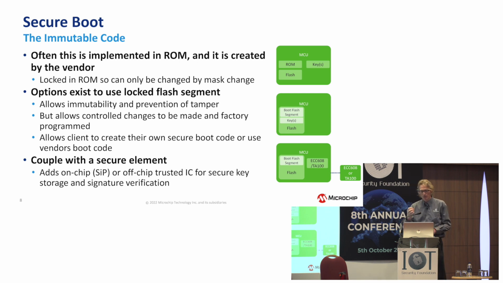Most of those bootloaders will require some level of integrity check, and they're going to go against some level of key, some level of value that says, yes, I can do an integrity check against this with some cryptographic assessment that says, this is okay to run. It passes my test. That has to be stored somewhere.